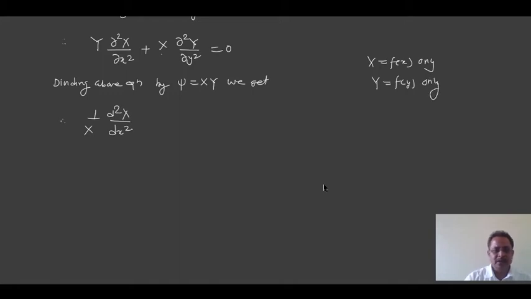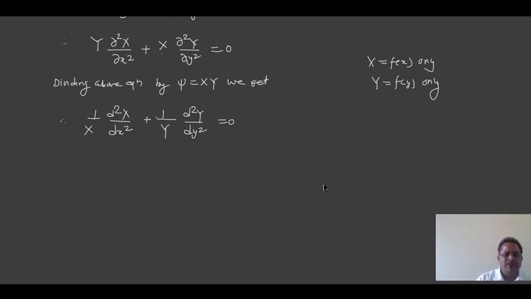So in spite of the curly delta, now I can use d²X/dx². Similarly this can be written as 1 upon Y, out of this X upon Y, X will get cancelled, we get 1 upon Y times d²Y/dy² is equal to 0.